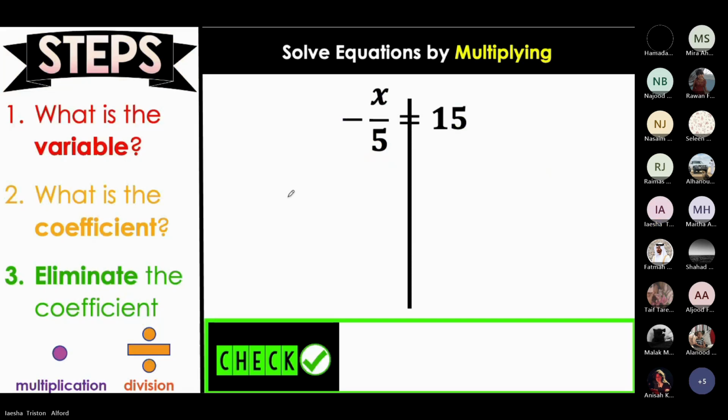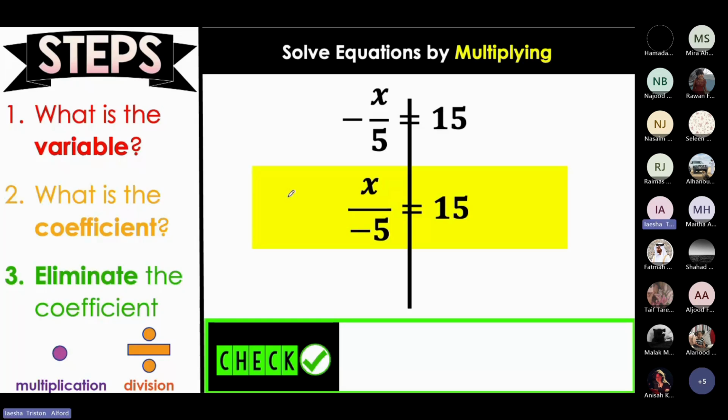This one, same, but what happened? The negative. What did Miss Aisha say do with the negative? Put it down. Miss, will be X over negative 5. Correct. You have to put it with the number. So write it with the negative, but put the negative with the positive 5.